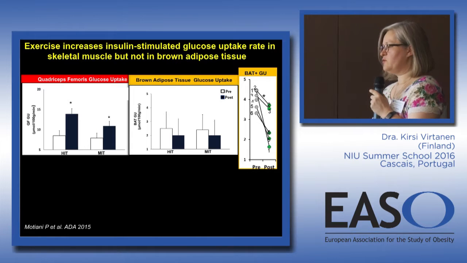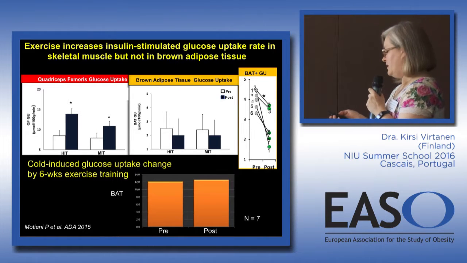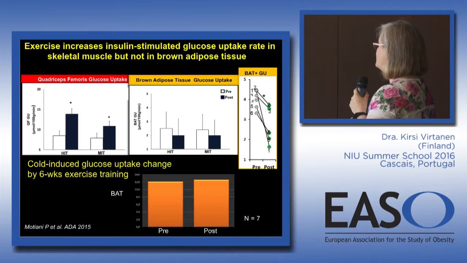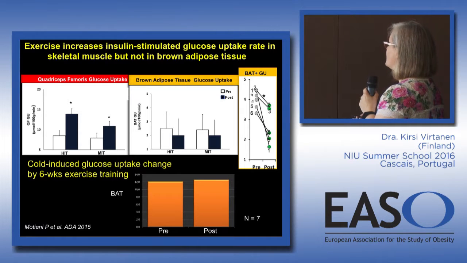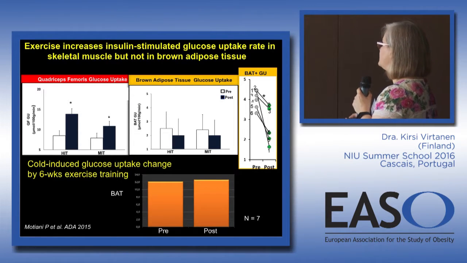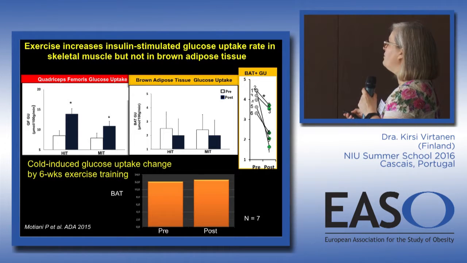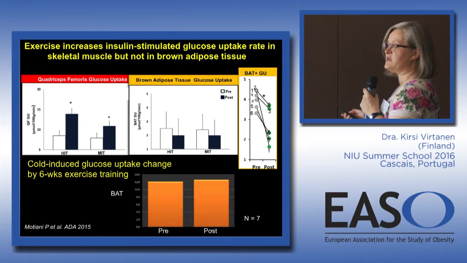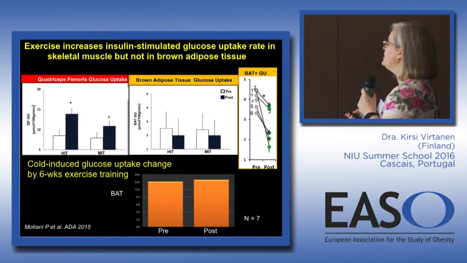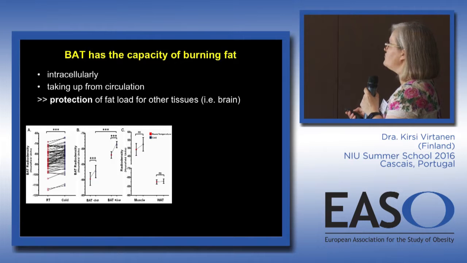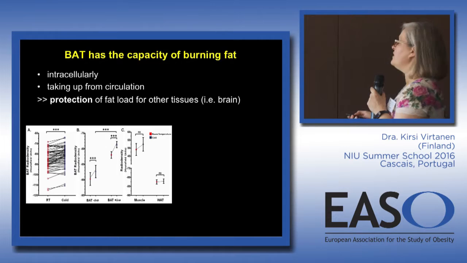So maybe there is more than thermogenesis and energy expenditure and glucose uptake in brown fat. It's well known that brown fat has the capacity of burning fat. The primary site is intracellular lipid droplets, but it also may deplete those intracellular lipids by taking up fatty acids from circulation.